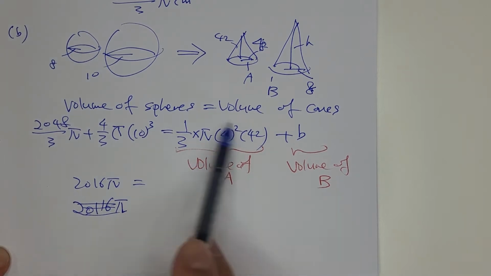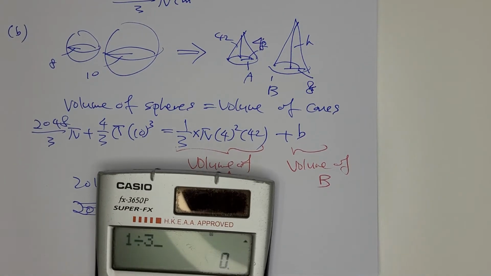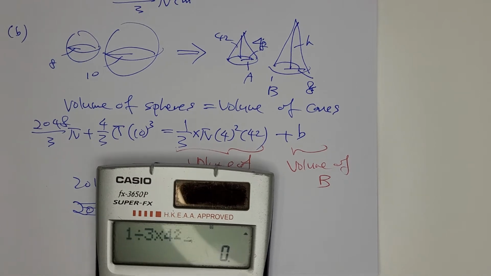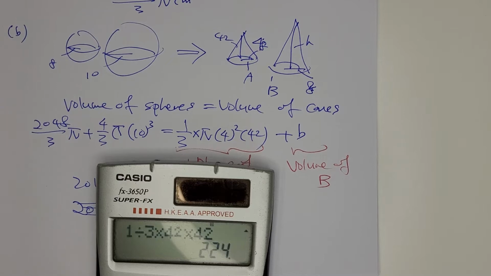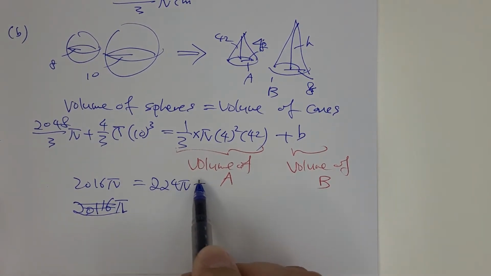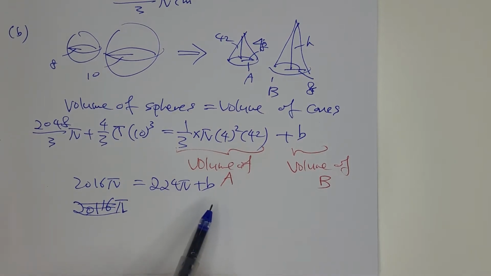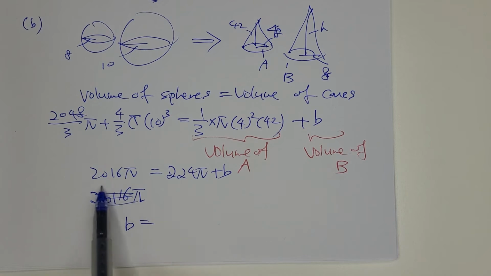For this one, 1 over 3 times 4 squared times 42, you will get 224, plus b, where b is the volume of cone B. So small letter b equals 2016 pi minus 224.